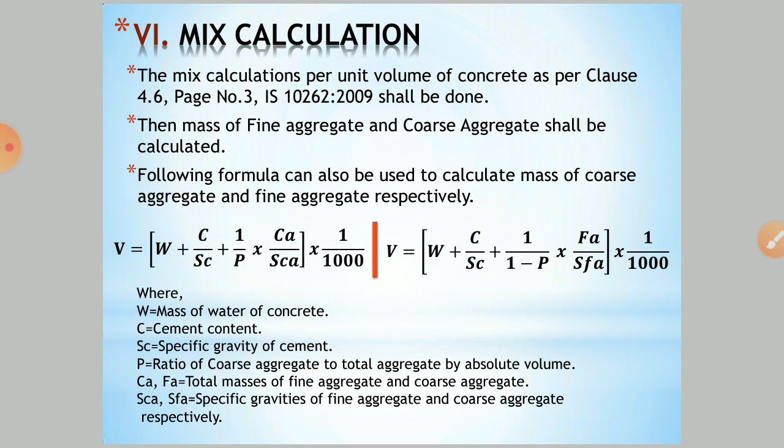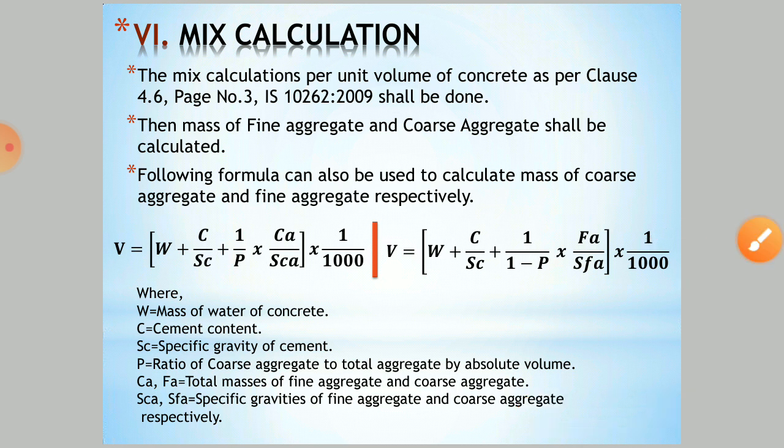In this step, we have to calculate the mass of fine aggregate and coarse aggregate. For that, you may use the formulas given in certain books and literature. The first formula is for coarse aggregate, and the second formula is for fine aggregate.